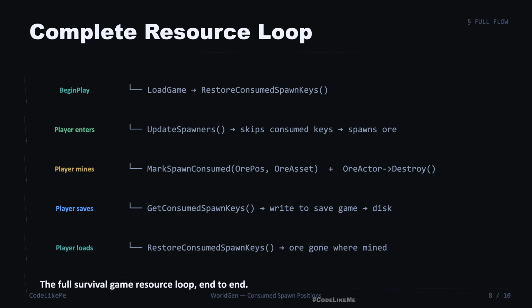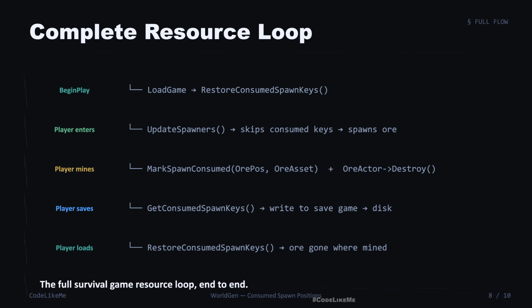Begin play, load game, restore consumed spawn keys, and as the player enters the region, it updates spawners, skips consumed keys and spawns the rest. When the player mines, it updates the consumed items by using the MarkSpawnConsumed function.